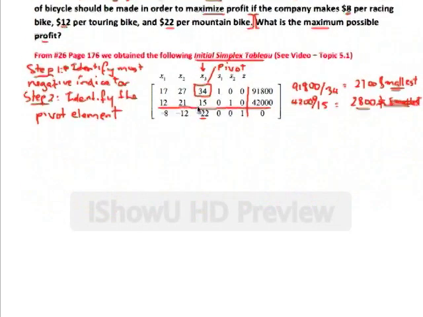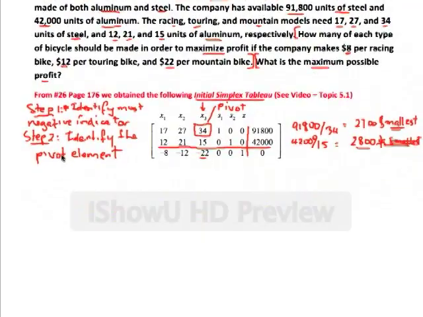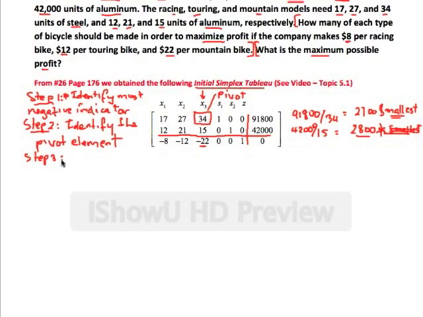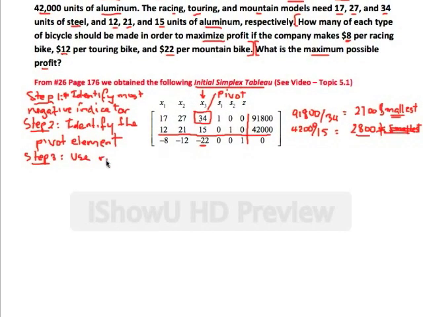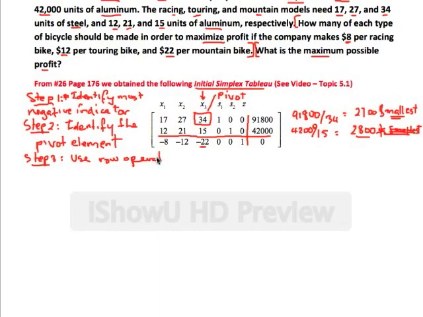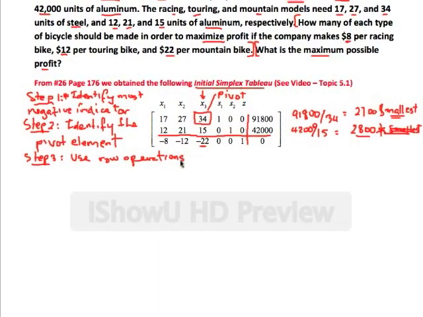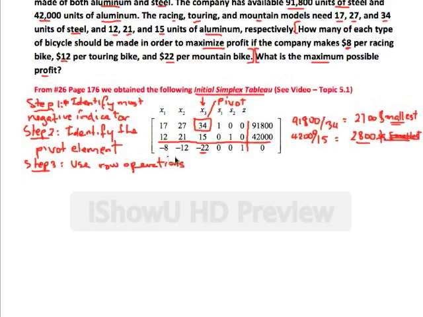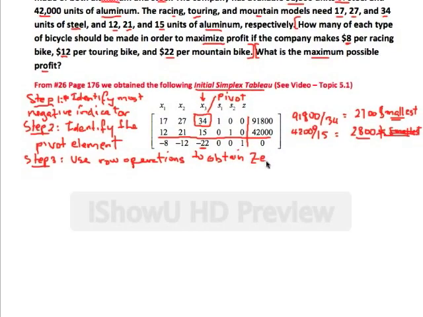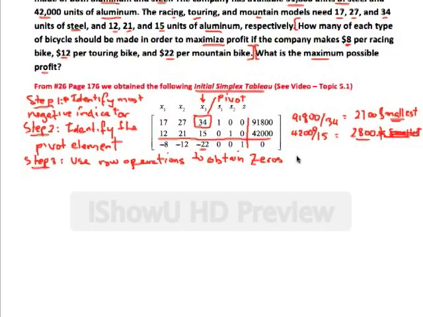Now what we have to do is get zeros below there. So step 3. We're going to use row operations to obtain zeros above or below the pivot.